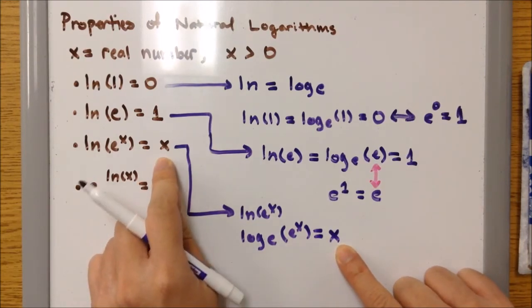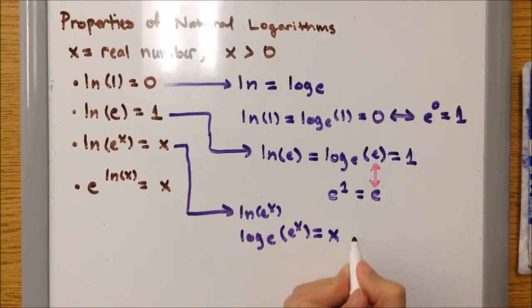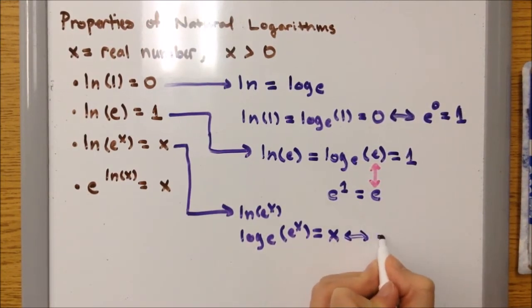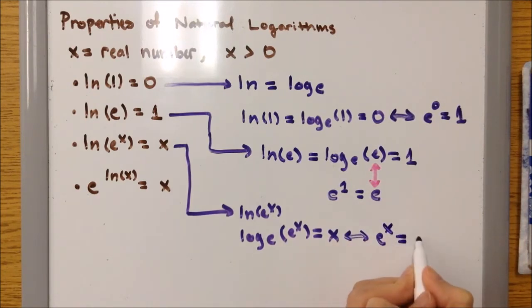So if I were to write that in exponential form, I have my base e with my exponent here equal to whatever is in here, e to the x. Well, then we can see that e to the x equals e to the x. So the left side equals the right side, and the right side equals the left side. So that's true. So that's why this right here is pretty much the same as common logarithms.